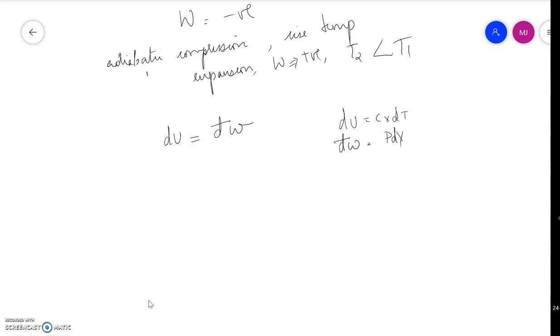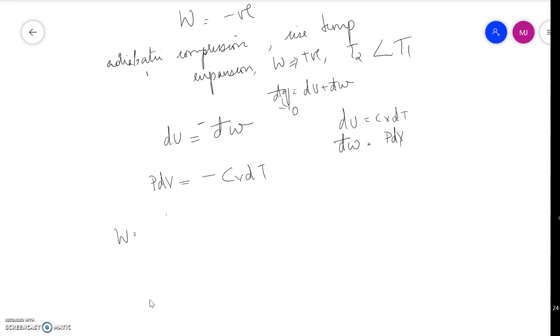I'm sorry, I forgot a minus sign over here, because according to the first law, d cross Q is equal to dU plus d cross W. For an adiabatic process, d cross Q is 0. And as a result, we get dU is equal to minus d cross W. That is my mistake, I'm really sorry. That is equal to minus Cv dT.